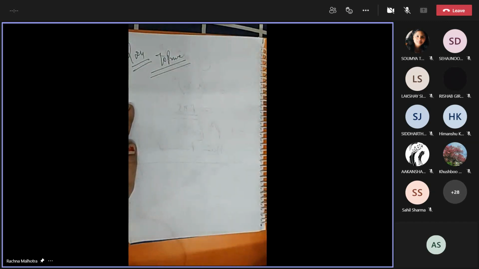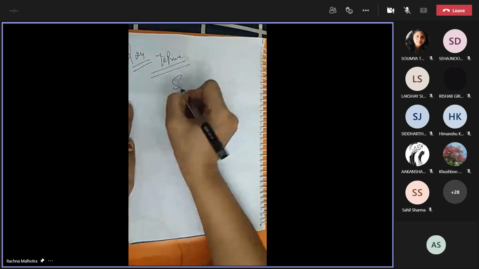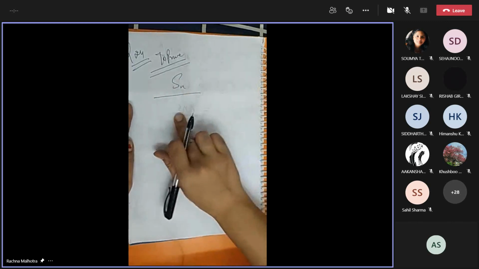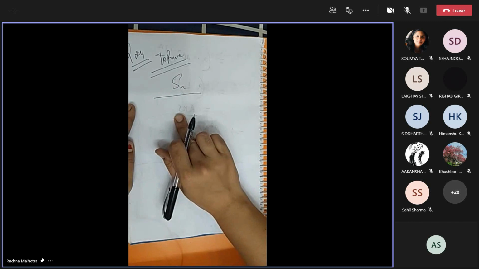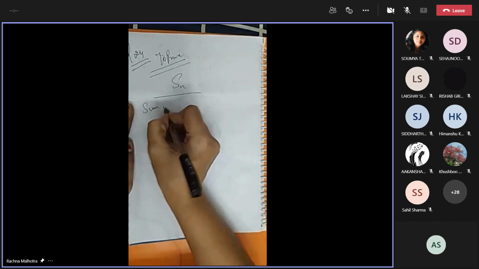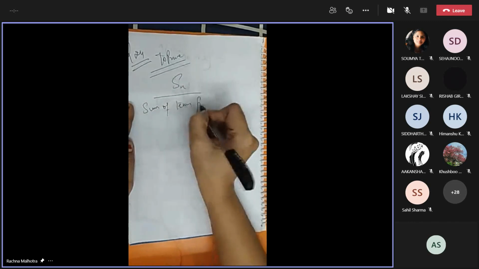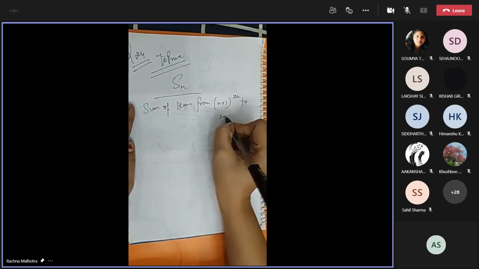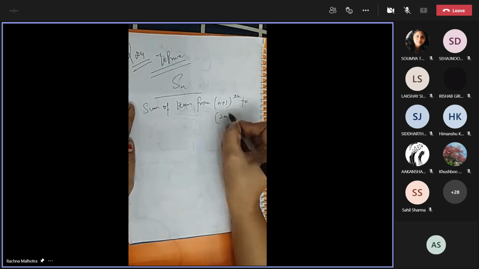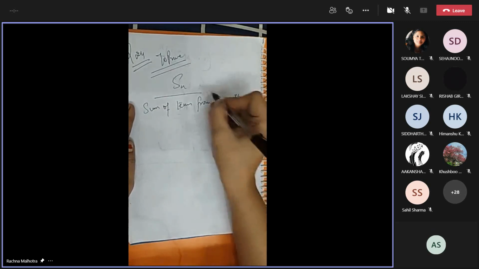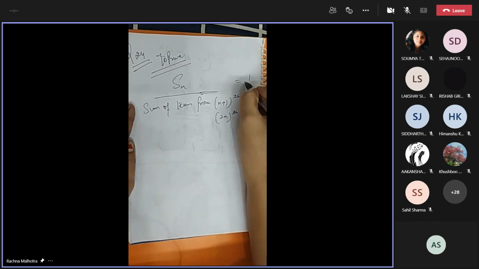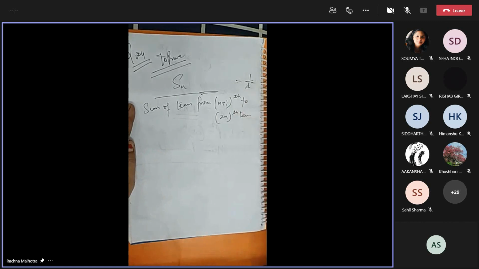To prove: show that the ratio of the sum of the first n terms of a GP, meaning Sn, to the sum of terms from the n plus 1th to the 2nth term must be equivalent to 1 by r to the power n.